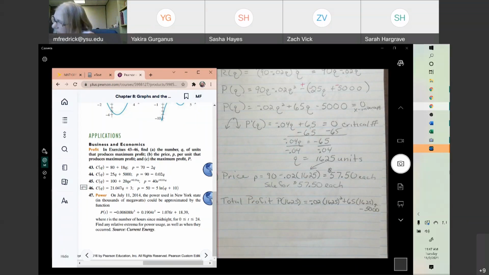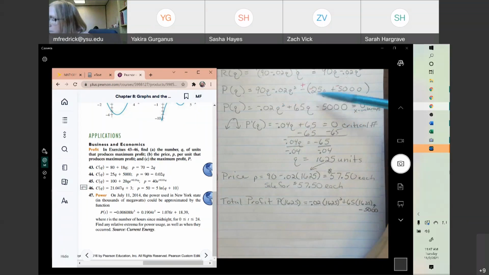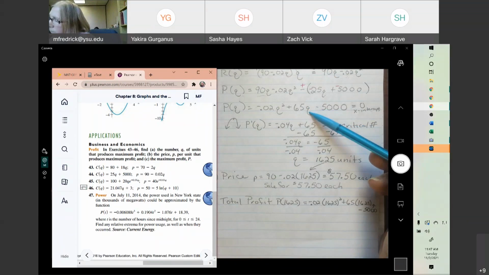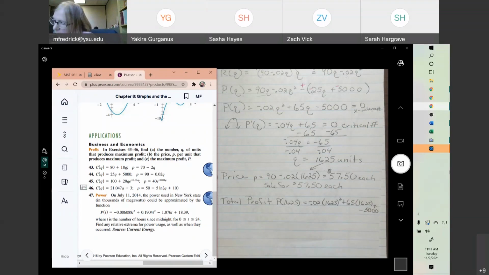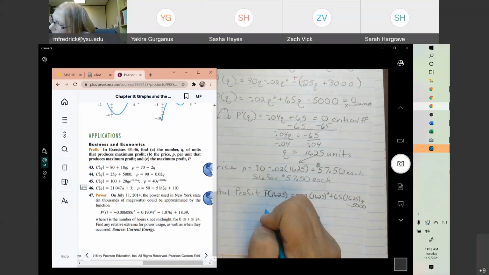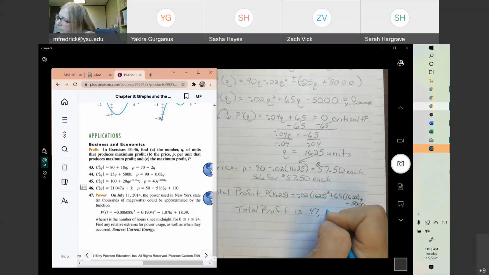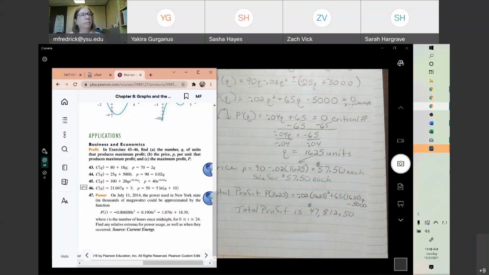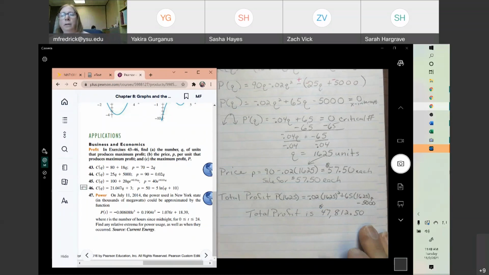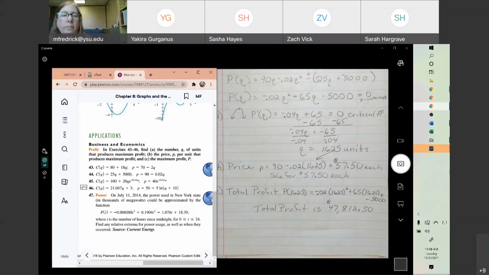Negative 0.02 times. Yeah. Any questions on that?